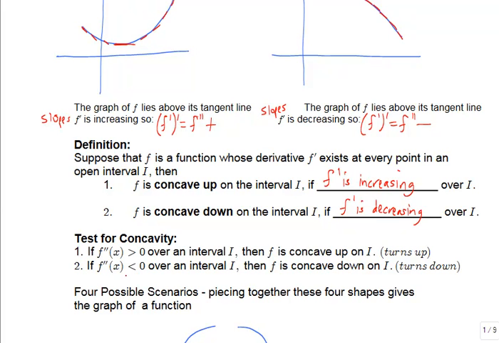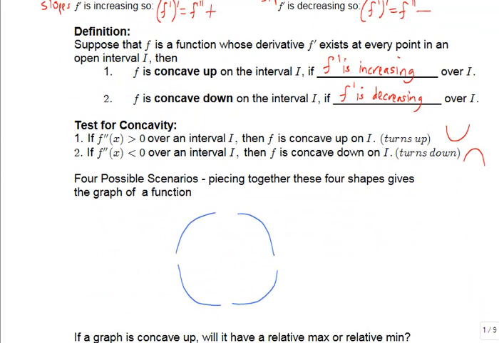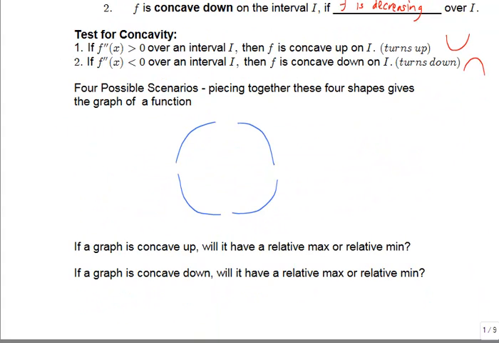So if f double prime is negative, then your original function f will be concave down. So concave up is this typical U shape, concave down is that typical hill shape. Now when we make our graphs, what we're going to see is that every single graph is made up of 4 possible scenarios.